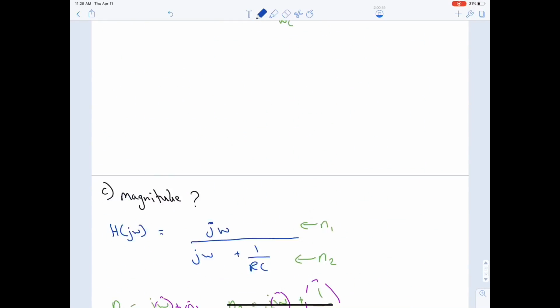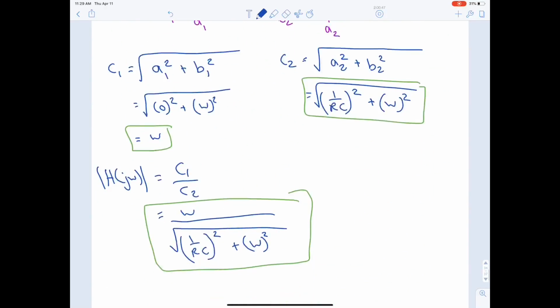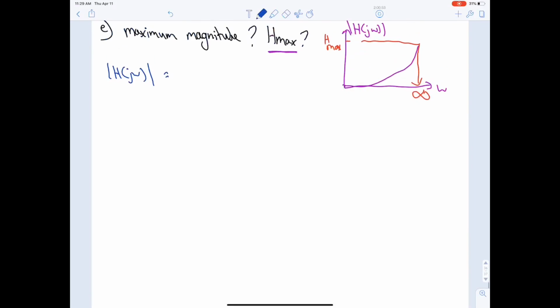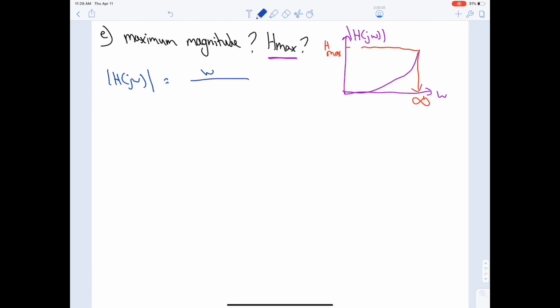The magnitude was omega over square root of 1 over RC squared plus omega squared. Now as we need the maximum H max, it's the expression evaluated at which omega? At infinity.